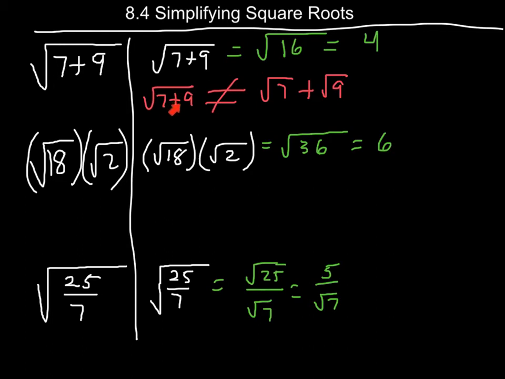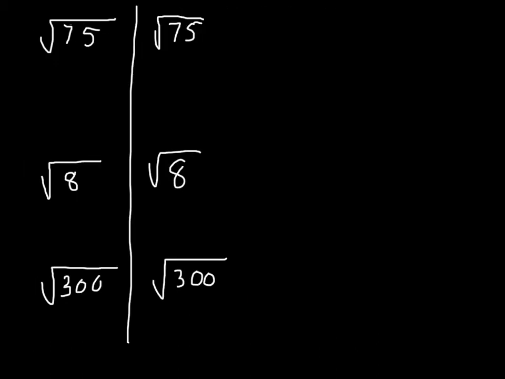Here I'm adding two numbers together and then taking the square root. I cannot separate them into two. If we think about that, it makes sense, because the square root of 9 would be 3, and I don't know what the square root of 7 is, but I know it's not 1. If the answer is supposed to be equal to 4, then this number here would need to be a 1, and we know that the square root of 7 does not equal 1, which is why these do not equal each other. Okay, let's take a look at the next slide.